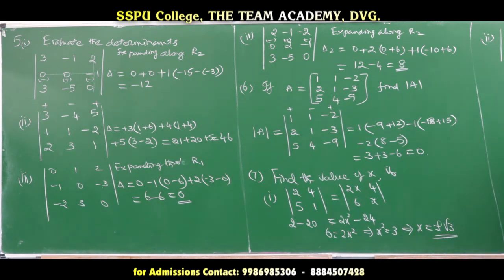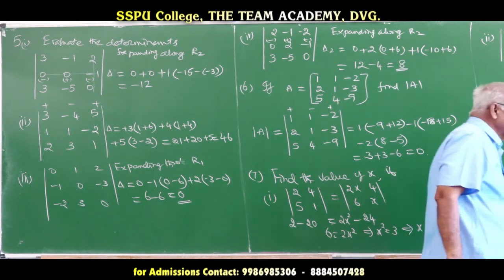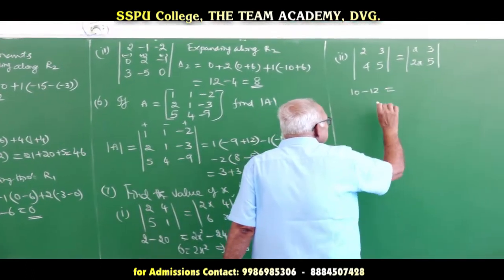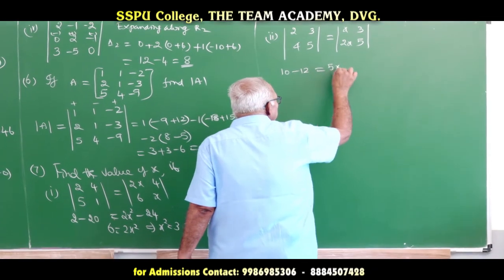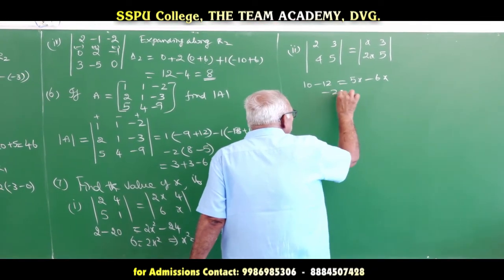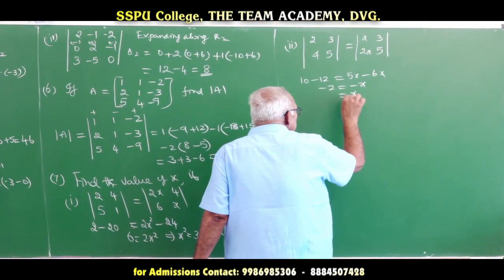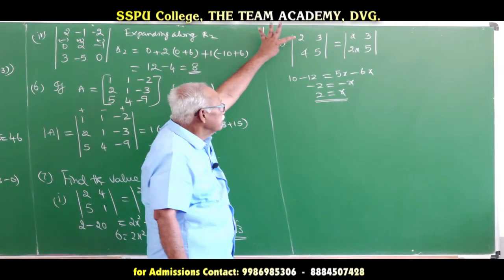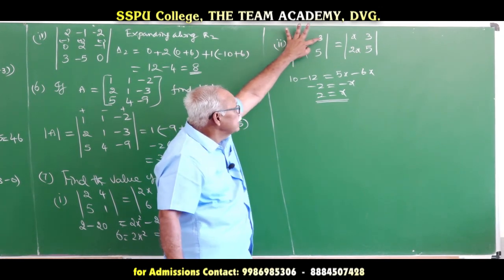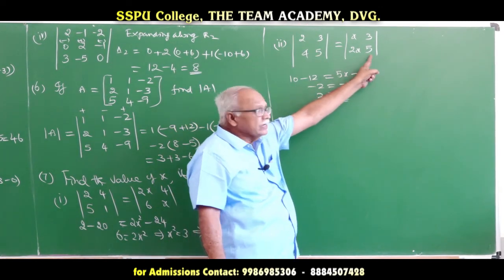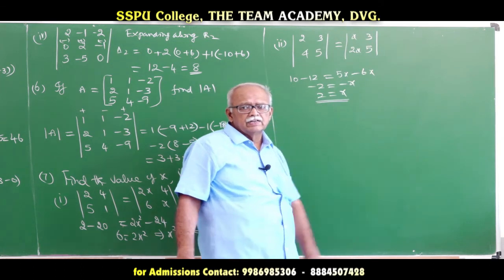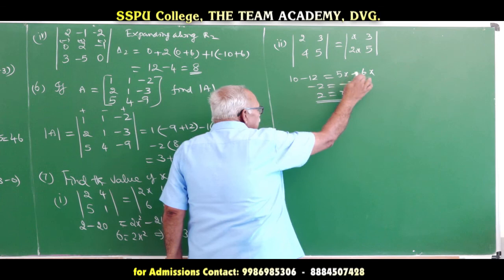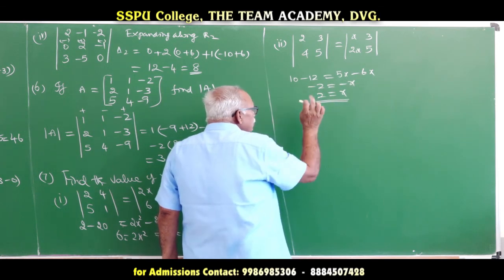Now, how to find the value of x? 10 minus 12 is equal to 5x minus 6x, so minus 2 is equal to minus x, so x is equal to 2. So, very simple. How are we expanding the determinant: 10 minus 12, 5x minus 6x.